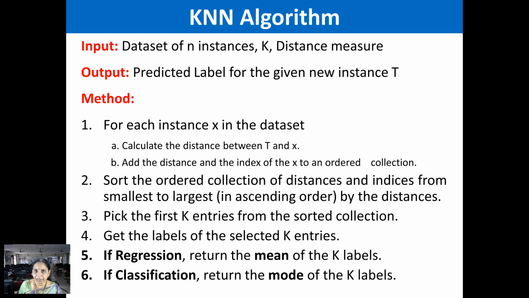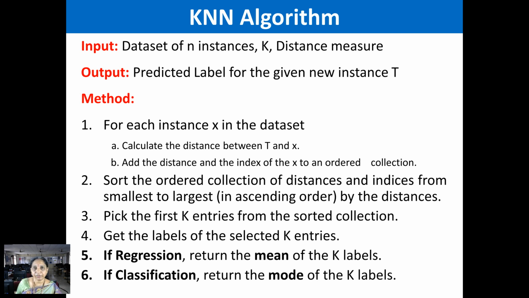What we have done here is, for each instance X in the data set, we have calculated the distance between our test record and every record in our data set. Because we need to arrange them in ascending order, we take an index to X to make it an ordered collection. Then we sort all the records based on the distances in ascending order, from smallest to largest.